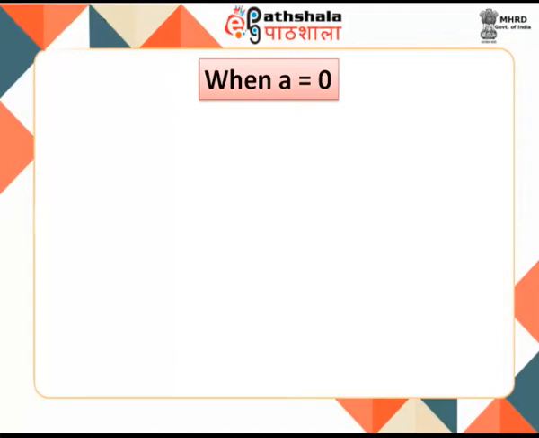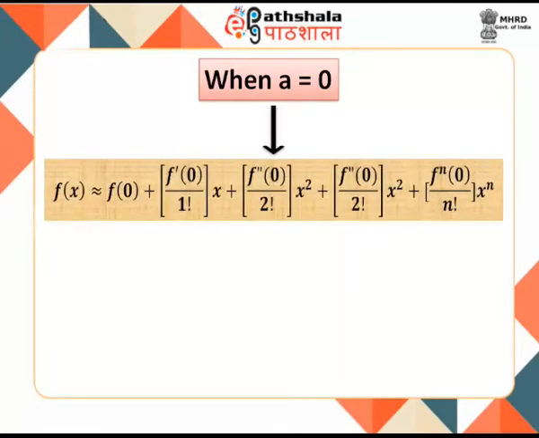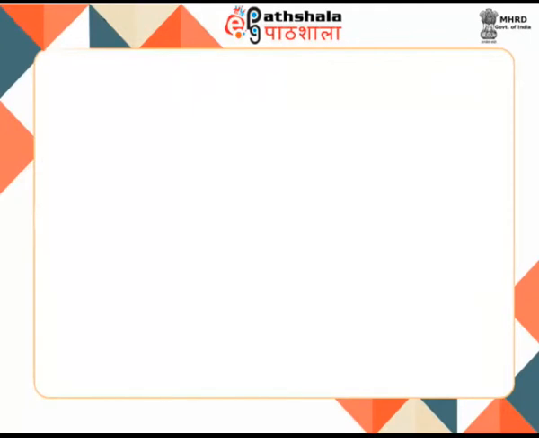When a is equal to 0, the approximation becomes f of x approximately equal to f of 0 plus f dash 0 divided by 1 factorial x plus f double dash 0 divided by 2 factorial x square plus f n 0 divided by n factorial into x to the power n. This is known as the Maclaurin approximation.